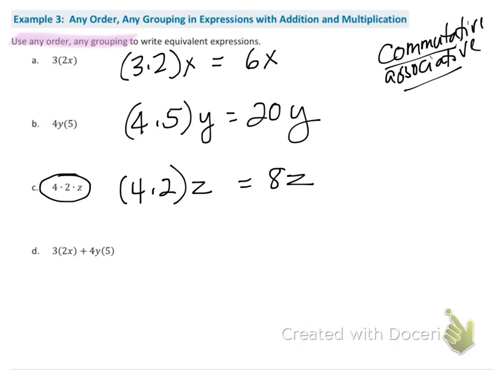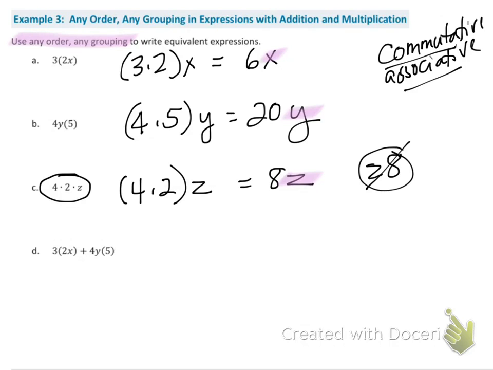And again, one thing that's really important is that the variable is always going to be trailing. It's always at the end. The fact is that z8 is not the way we would ever express that expression.